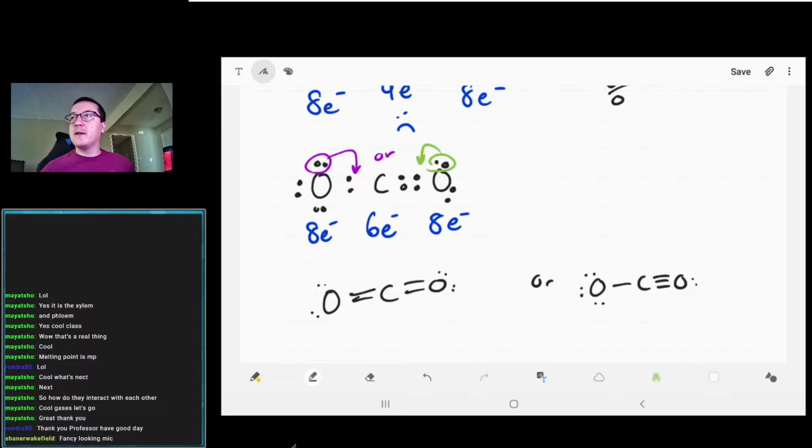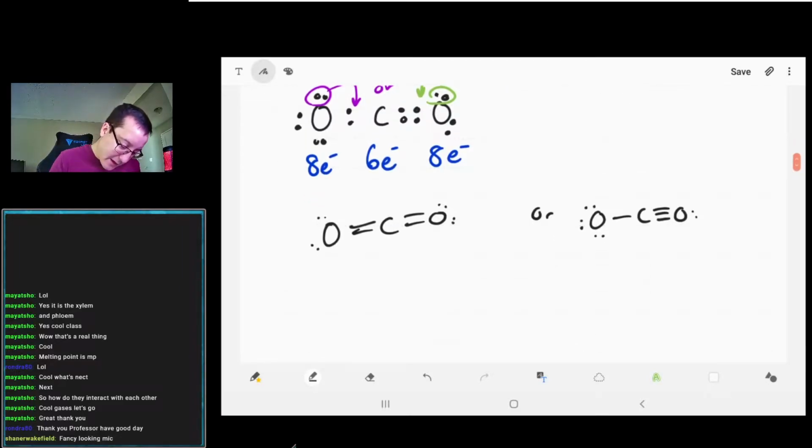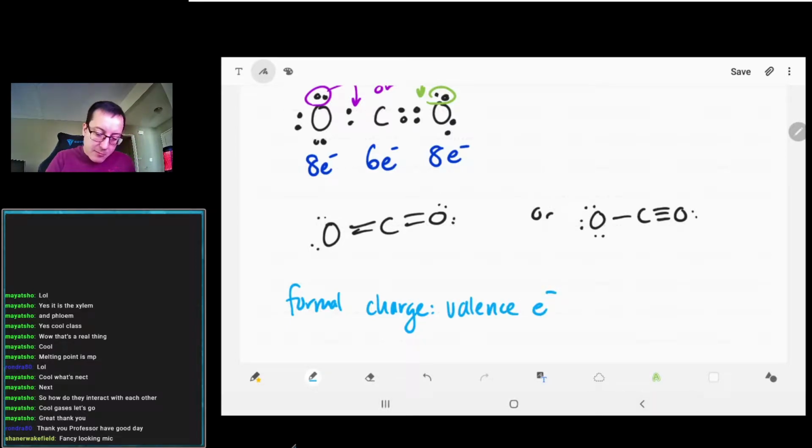So we have now got our carbon that has 8 electrons. However, we have 2 potential options, and we're going to choose one. One of them is going to be better than the other. And so we're going to look at that. We're going to look at something called formal charge. And so you'll be able to calculate the formal charge for any atom within a Lewis structure. It's very exciting. And so it has got 3 parts.